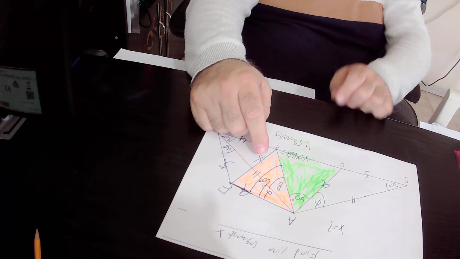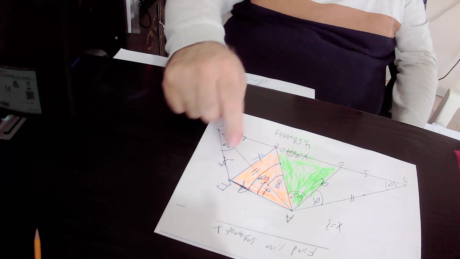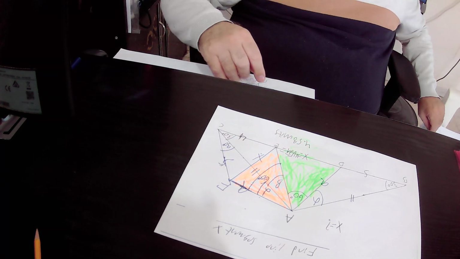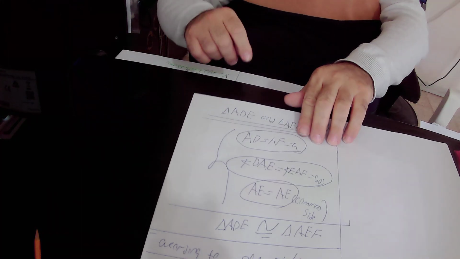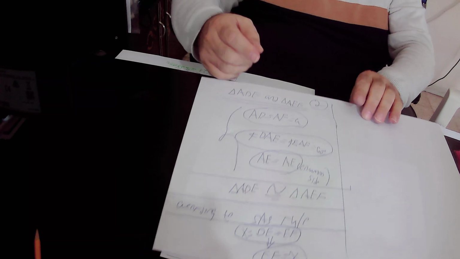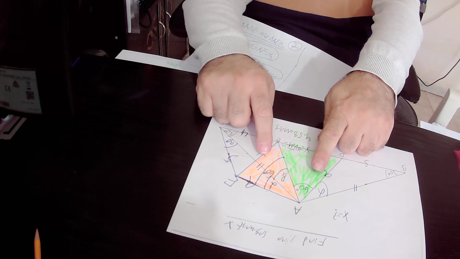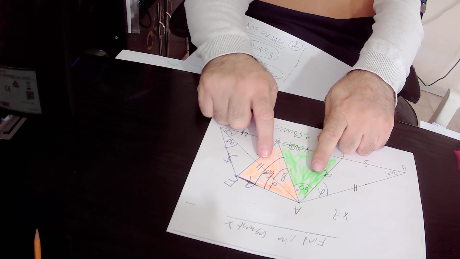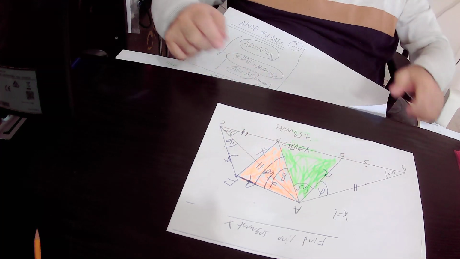First of all, we just proved that side AD equals side AF, and they're both equal to A, therefore they are equal to each other. In addition, we found out those two angles are both equal to 60 degrees, therefore they are equal to each other.